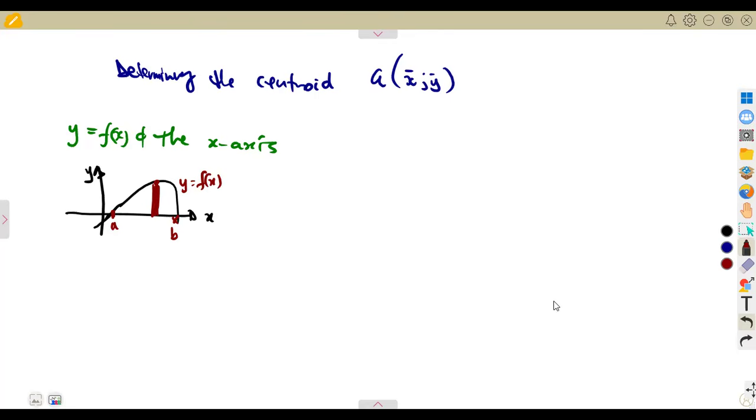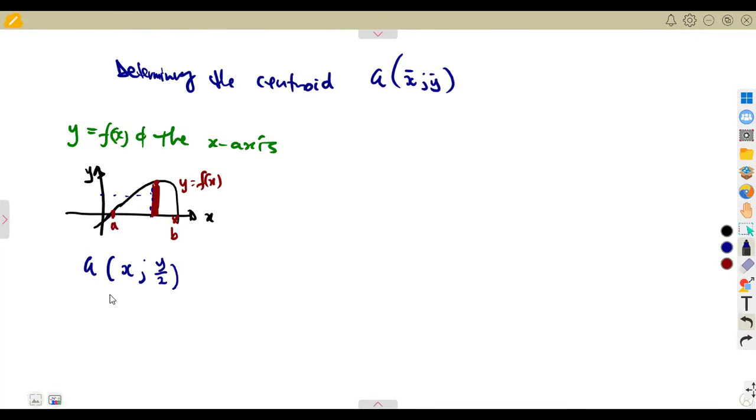Whenever you've got a condition like this, G, our centroid, is considered in terms of the x and y values. G is going to be taken as x for the x value, and for the y, it is going to be y over 2. So x you just take as it is.